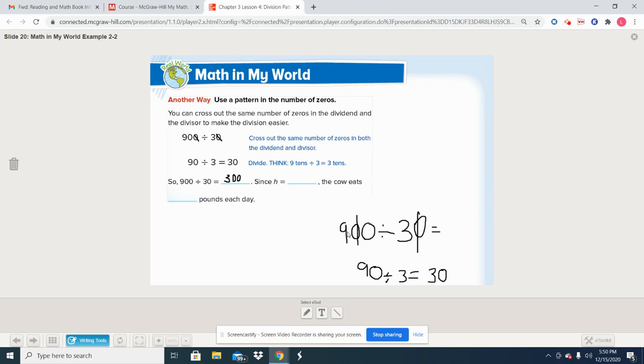So our answer to this problem, we figured this out by the method of crossing the zeros off, and because 9 divided by 3 is 3, and then there's a 0, we're just adding a 0. There's 1 zero. So this answer should be 30. I made an error there. Let me erase that real quick here.